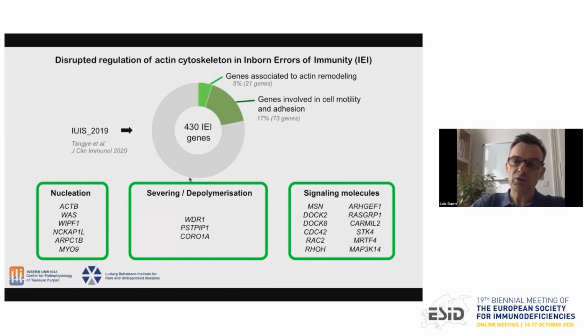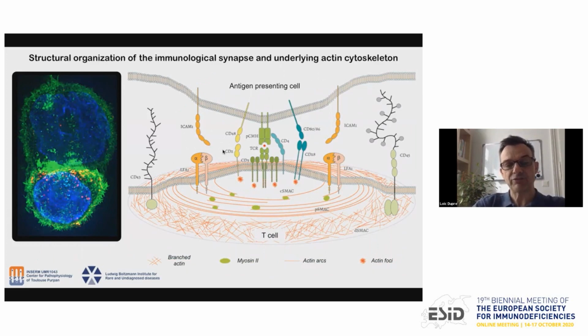And if we look a little bit beyond the genes that directly control actin remodeling and consider genes involved in cell motility and/or cell adhesion on the basis of gene ontology terms, we may come up with nearly 1/4 of the genes associated with inborn errors of immunity related to basic cellular functions directly dependent on the actin cytoskeleton.